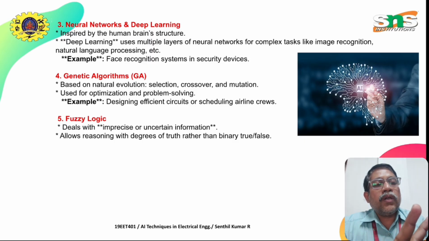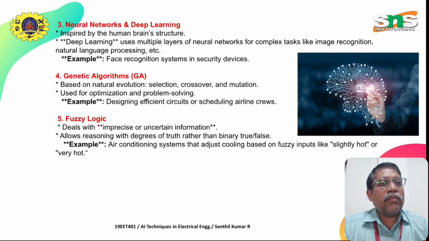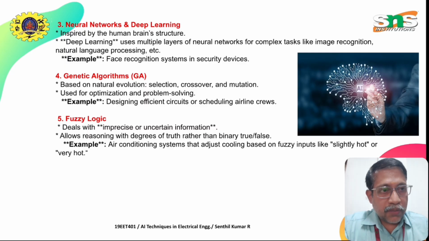Therefore, 3 or 4 states may come in between 0 and 1. A very good example, as I said, is the air conditioning system, which adjusts the cooling based on fuzzy inputs.